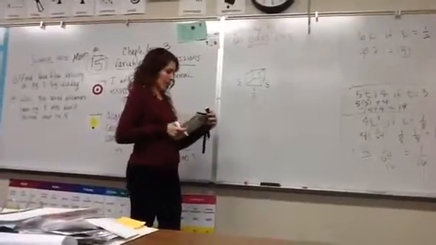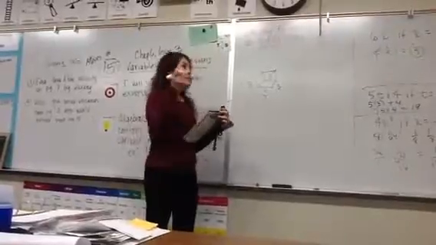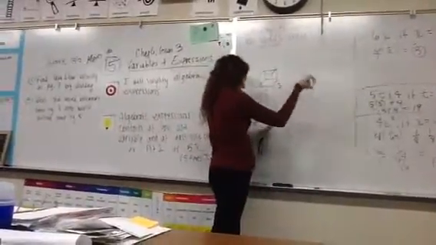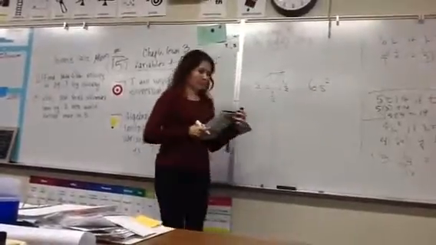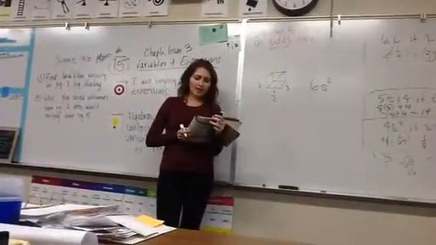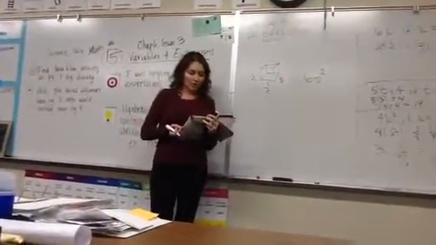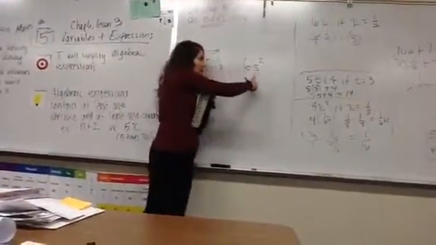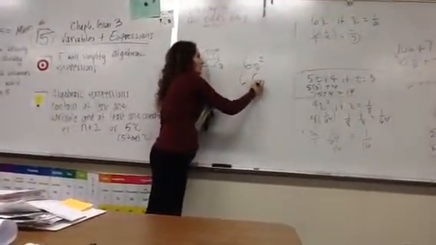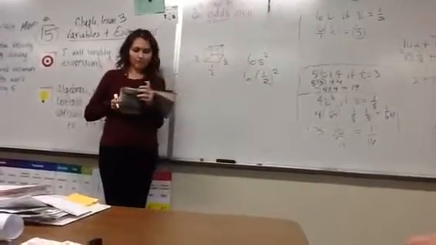They might say somebody's wrapping a gift or something, and it says, use this expression. They'll give you the expression 6s squared, and it says find the surface area of the box that person is wrapping. So for this one, I'm going to plug in the half where I see my variable, which is s. So it'll be 6 times (1/2) squared, like that. Follow?